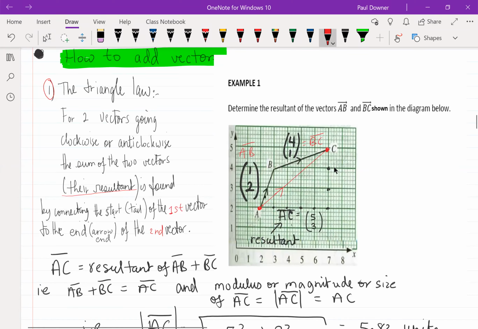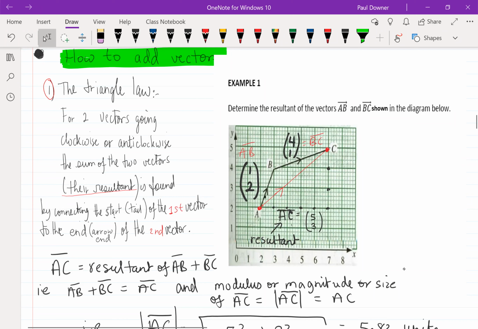And they want us to add up the two vectors, this one and this one together. Now if you look at them, and we take it as it is going, it will be tending to go in a clockwise direction. Both of them go in a clockwise direction.